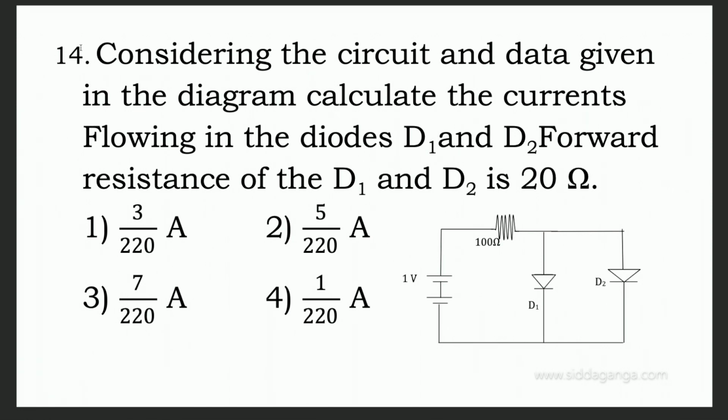Consider this circuit and the data given in the diagram. Calculate the currents flowing in the diodes D1 and D2. Forward resistance of D1 and D2 are 20 ohms. This is question number 14. A 1 volt source is connected with a series resistance of 100 ohm.